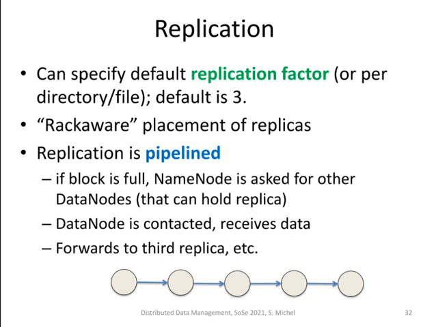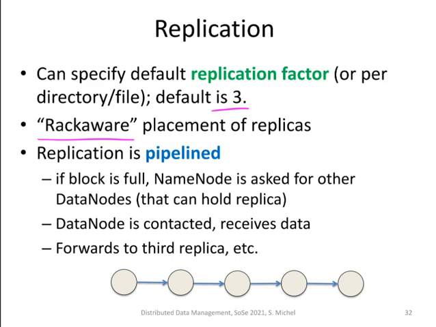One property of the distributed file system is replication. So the default replication factor was 3. And this is also done using knowledge about the setup of your data center. We call that rack-aware. And the replication is so-called pipelined.